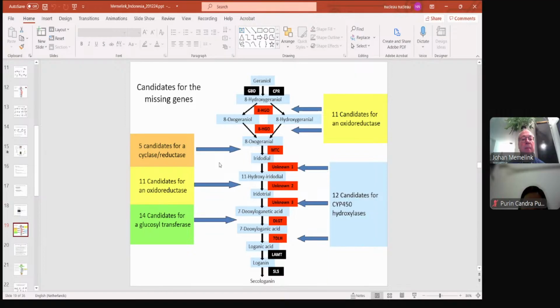And here, for example, we had 12 candidates for cytochrome P450 hydroxylases, which could be candidates for any of the 3 different steps here, because these are all hydroxylation, and therefore all these candidates can be candidates for any of these steps. So in principle, these candidates were all tested at the enzymatic level to see whether they were encoding the enzyme that we were looking for.